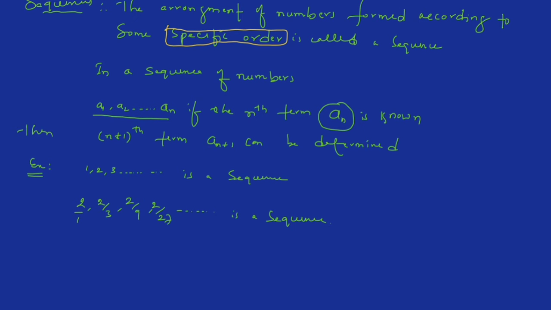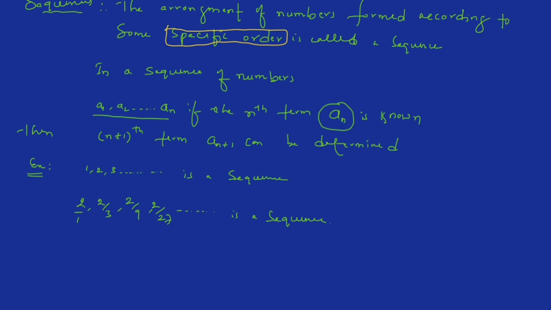So 2 by 3, 2 by 9, 2 by 27, 3 square is 9, 1, 3, 9, 27, right? Simply it is in sequence. We are changing the terms, or simply we can say multiplying by 3 in the denominator. Numerator 2 is as it is. In the denominator we are multiplying by 3: 1 times 3 is 3, 3 times 3 is 9, 9 times 3 is 27, 27 times 3 is 81, and so on. So it becomes a sequence.